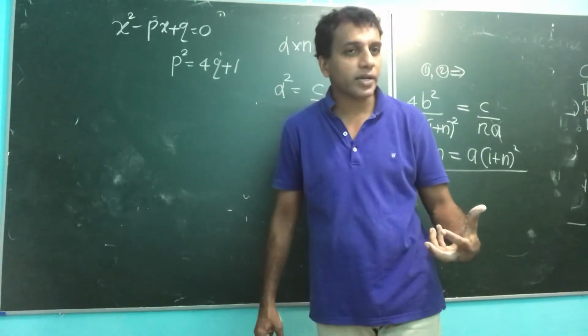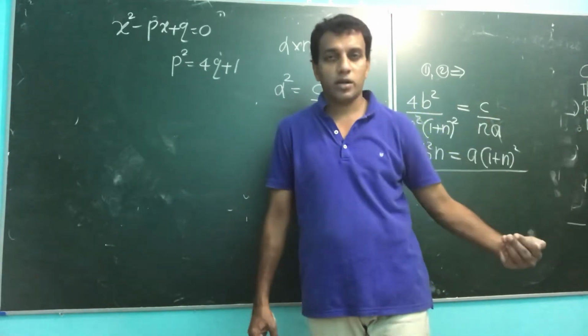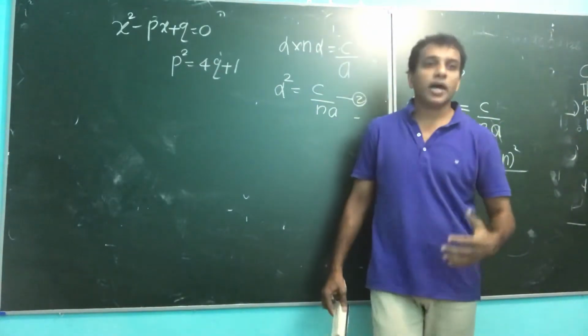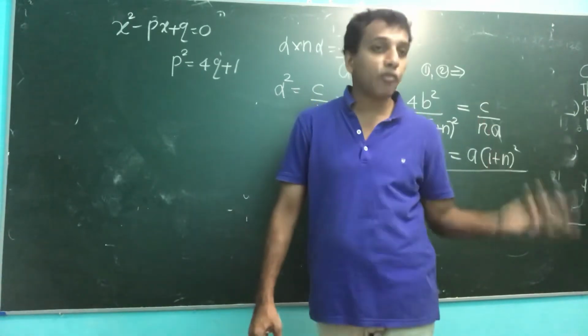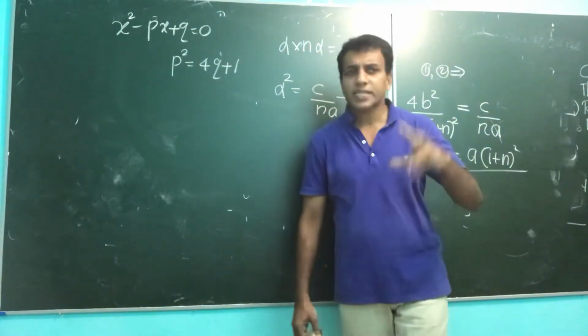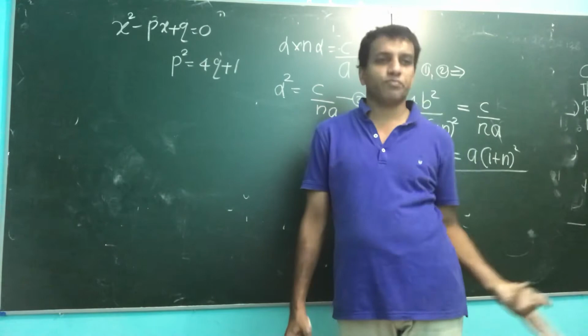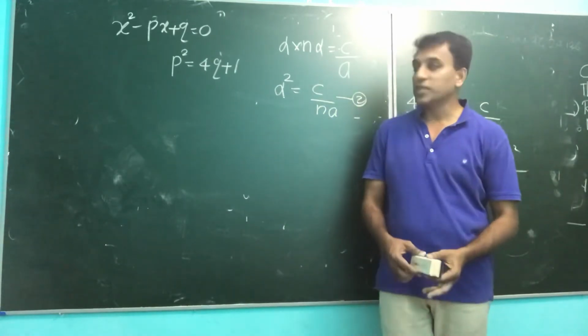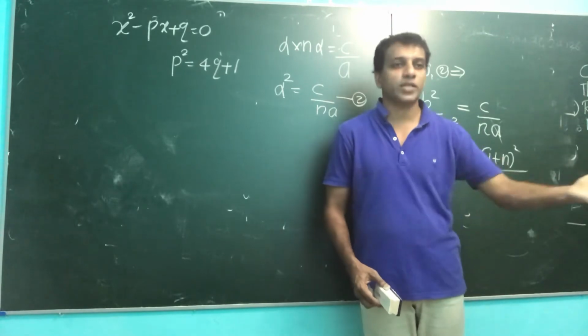Alpha means what? Don't say beta, but alpha plus 1. If one answer is 10, the other answer is 11, right? If one is 23, the other one is 24. One is 1, the other one is 2. If one is 0, the other one is 1. One more, successive. Therefore, we say the roots are alpha and alpha plus 1. And continue.